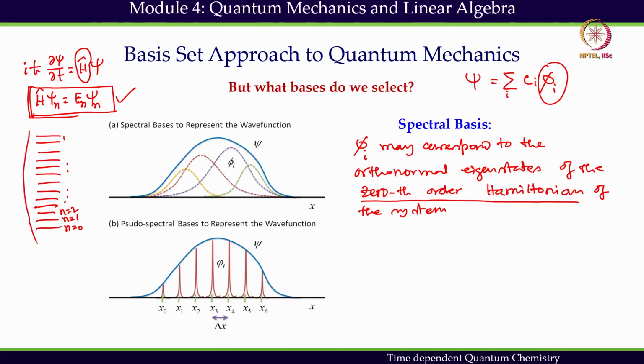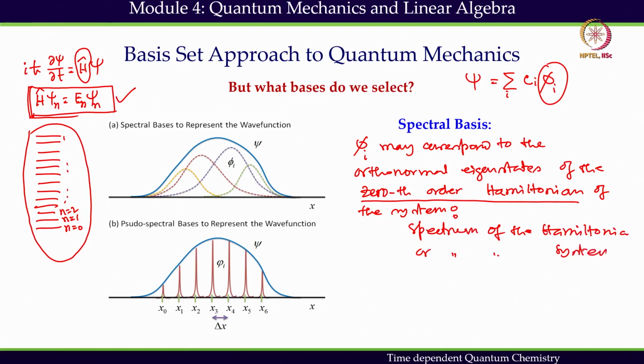Each state is an eigenstate, and because we get a whole set of states, this is called the spectrum of the system, the spectrum of the Hamiltonian, or the spectrum of the quantum system.